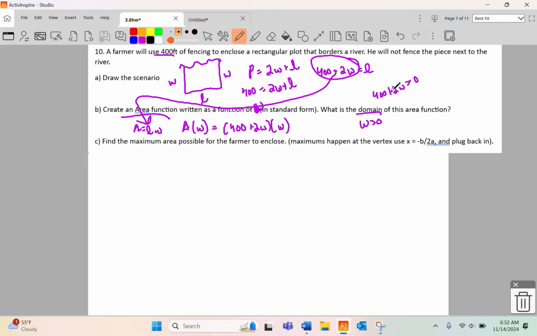Anyways, this is going to give me a funny answer. 2W greater than negative 400. W is greater than negative 100. This is gibberish, right? That's gibberish.